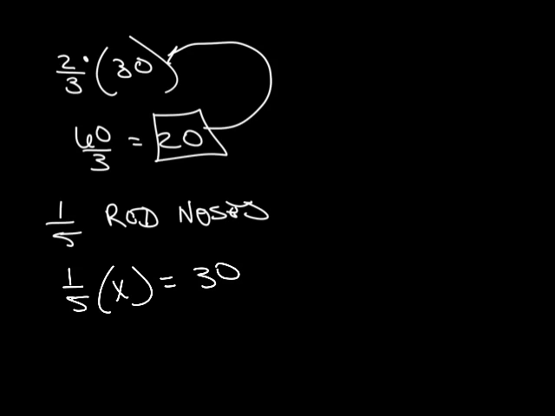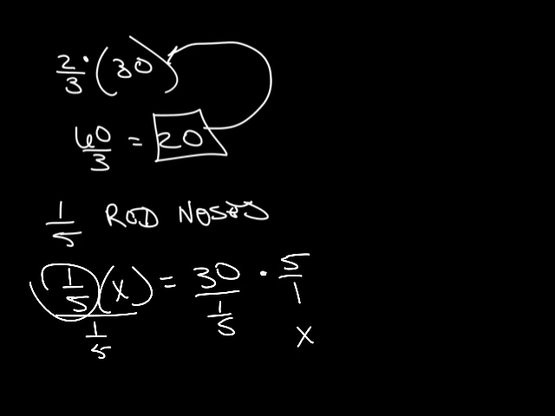So 1/5 of the total is 30. If I divide both sides by 1/5, because 1/5 was multiplied by x, that's the same as inverting and multiplying. So x equals 30 times 5, which is 150. So there were 150 total clowns.